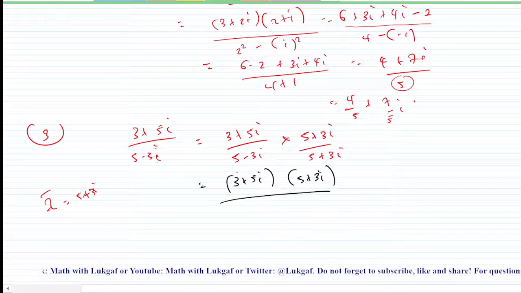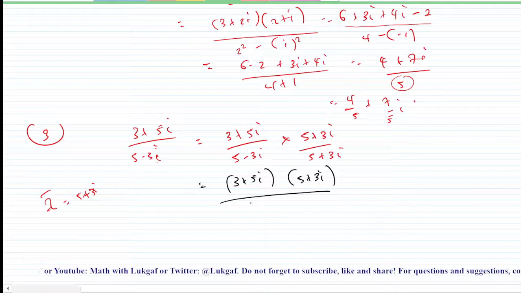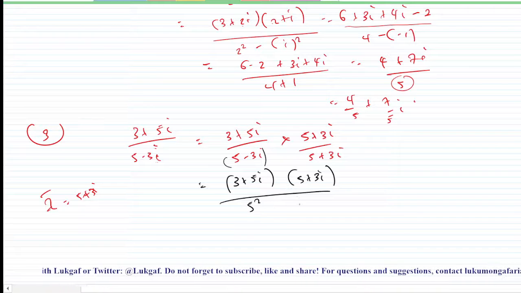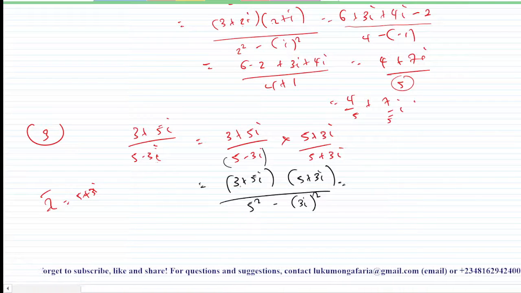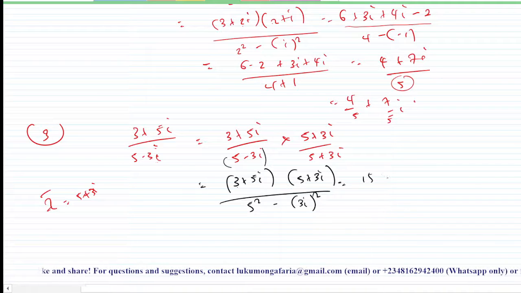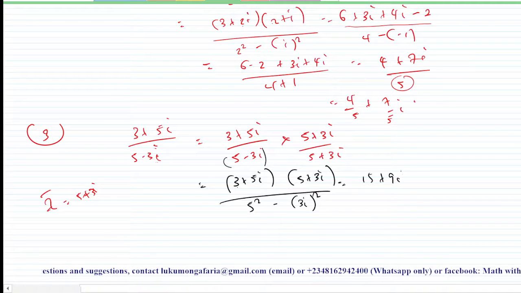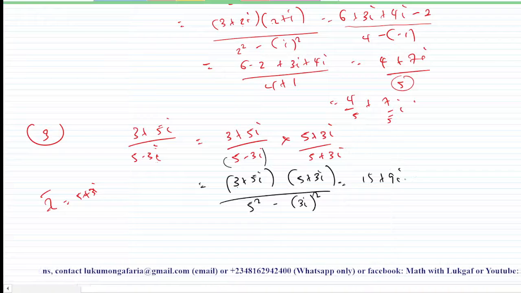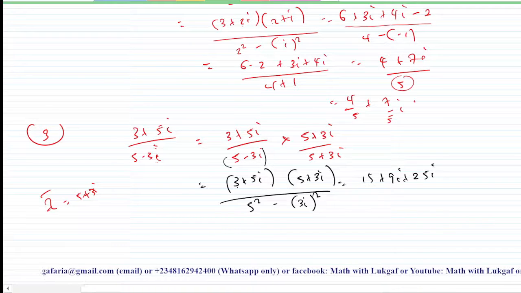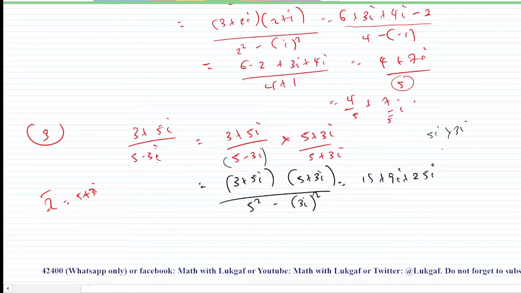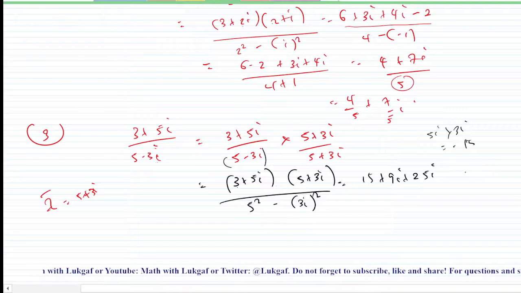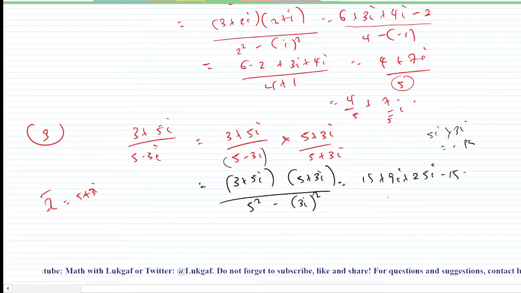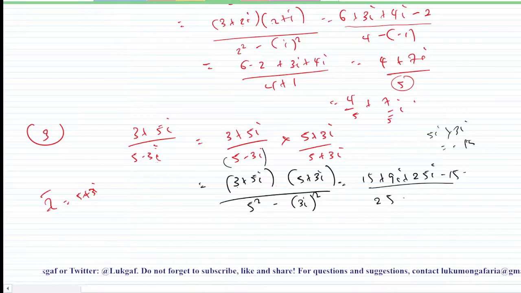Don't forget this difference of two squares, then I'm going to have 5 squared minus 3i squared. If you multiply it and simplify further, this is going to give me 15 plus 9i plus 25i. What is 5i times 3i? You can write it down so that you don't make a mistake. That's minus 15. Then minus 15 divided by 25 plus 9.